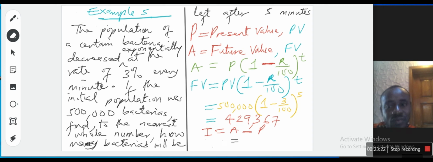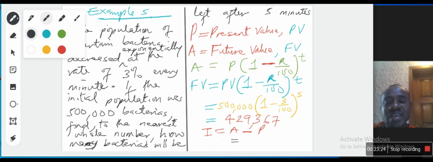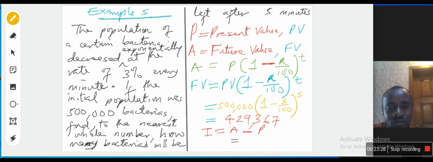Because sometimes you may be asked to calculate how many bacteria died. So the difference is what? Are you getting what I'm saying? The difference is just the difference between the two. In this case, the future value is smaller than the initial value, so it's just a positive difference. The bigger one minus the smaller one, that's what I mean.